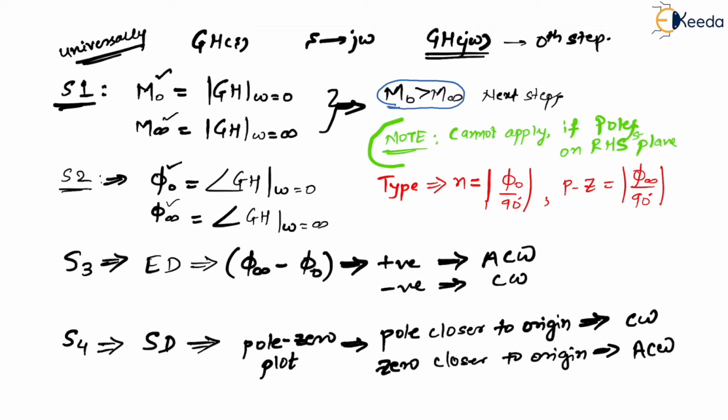I hope it is clear. This is the note which you have to put. In such examples where the open loop poles, or the loop gain poles, are on the right half of S plane, our four step method is not applicable.